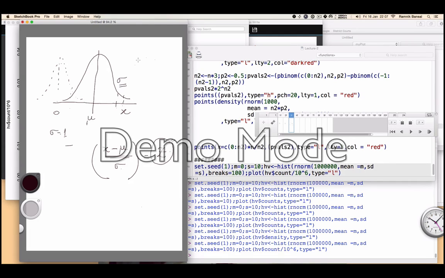Wait, let me just try to reconnect. I don't know why there's a lag.